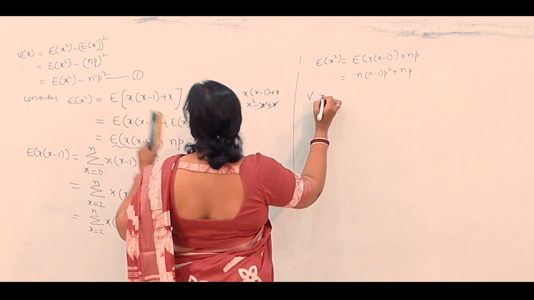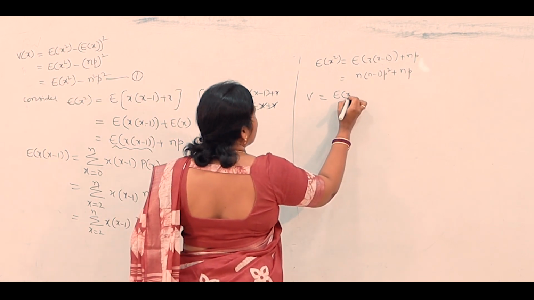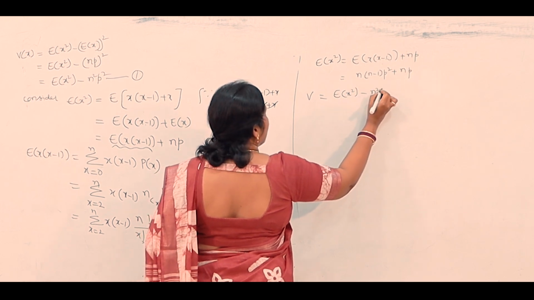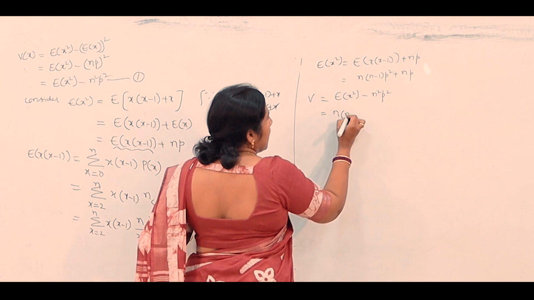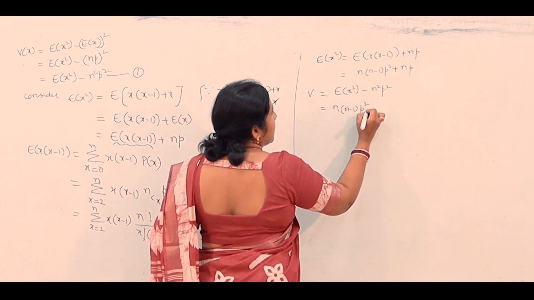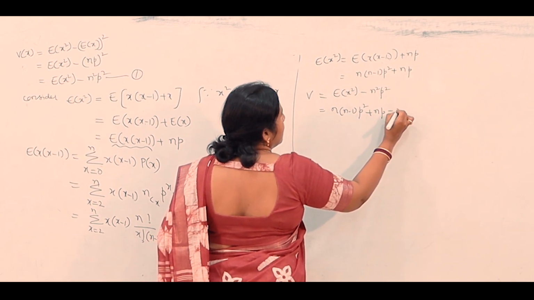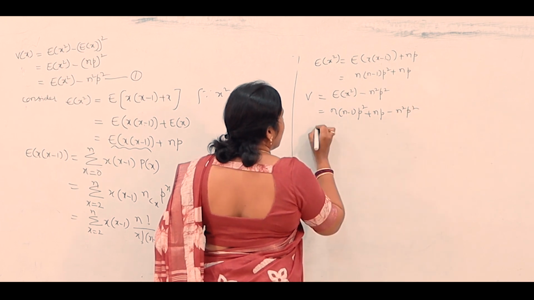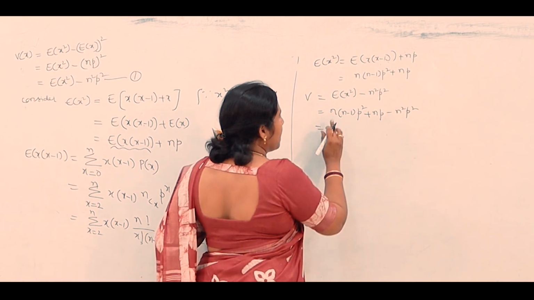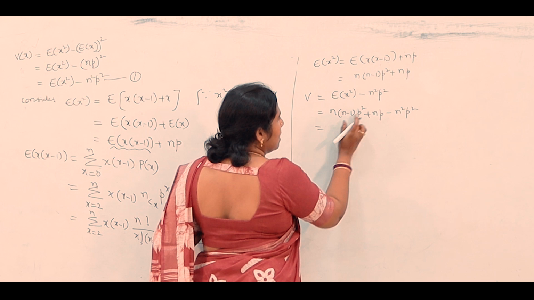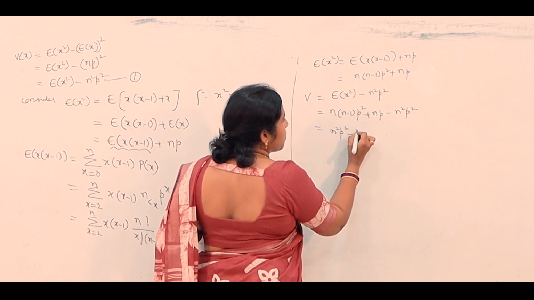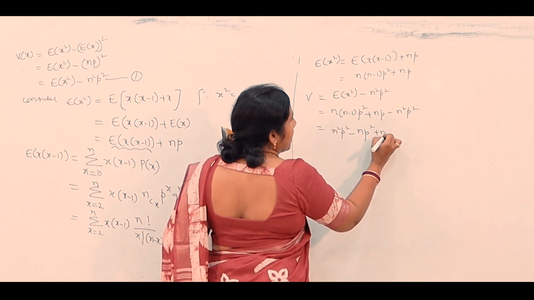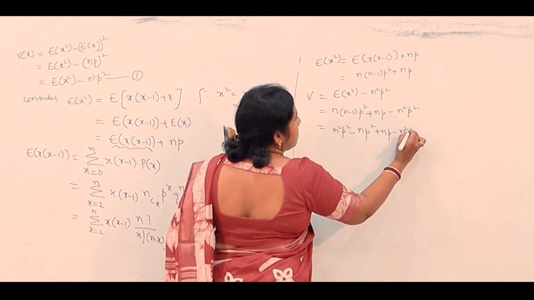Variance equals expectation of x square minus n square p square. What is expectation of x square? n into n minus 1 p square plus np minus n square p square. From here only the simplification part, the mathematical part: n square p square minus n p square plus np minus n square p square.